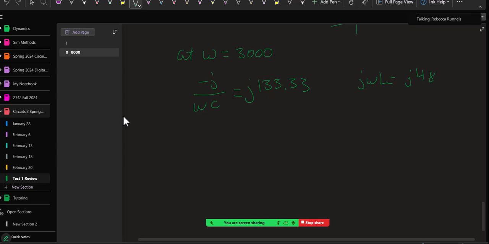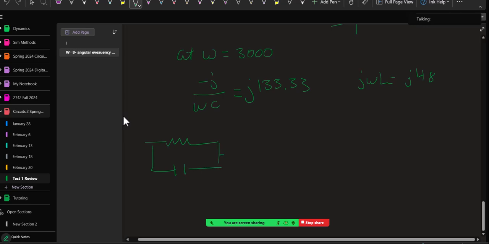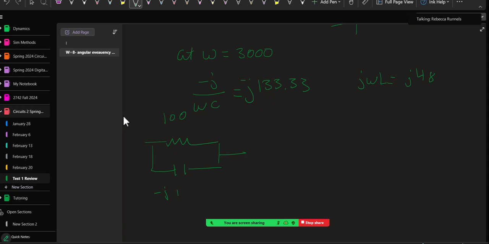And so this was 100, this is minus j 133.33, this is 30, this is j 48.